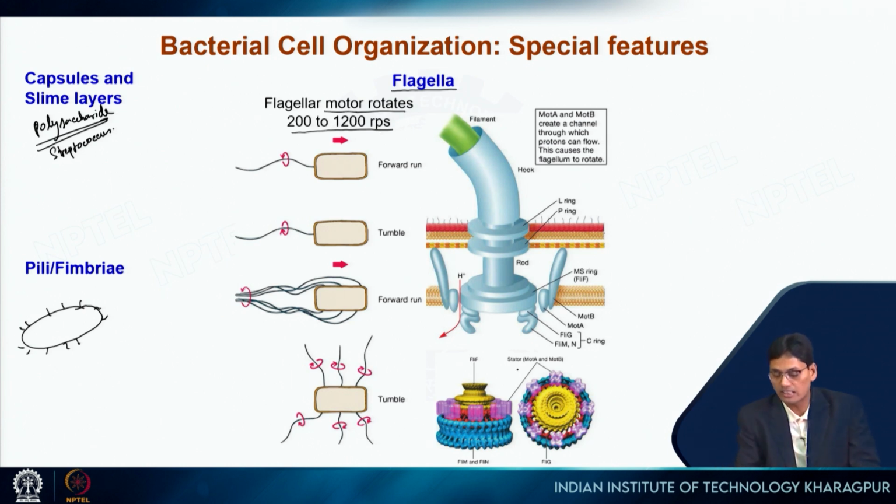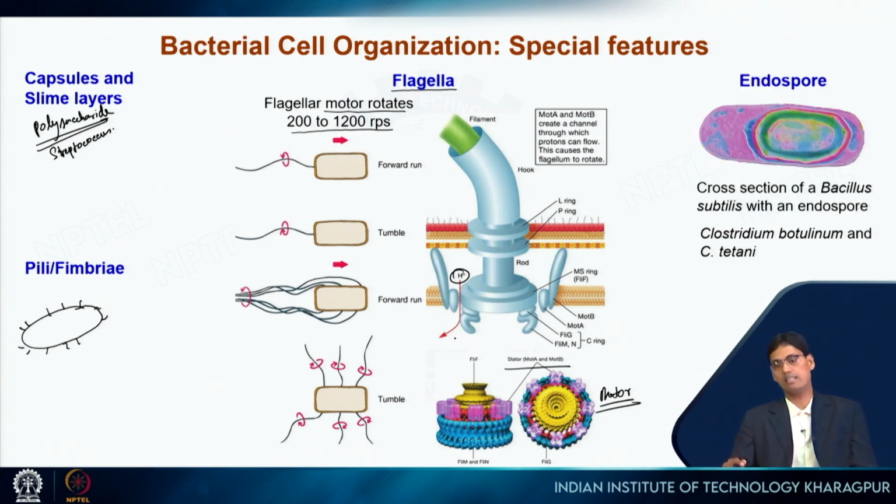As you can see, this is the motor, present at the base of the flagellum, and it requires energy to rotate. Particularly, proton movement helps the movement of this motor, and it helps bacterial movement. This is very important. Although flagella are not present in all bacteria, many bacteria have them.